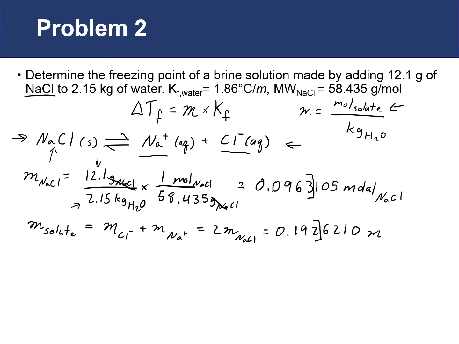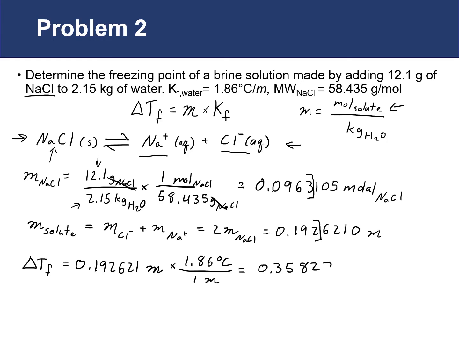Plugging this in to our equation for freezing point depression, the change in temperature of our freezing point will be equal to our molality, 0.192621 molal, times 1.86 degrees Celsius per 1 molal, which gives 0.358275 degrees Celsius.